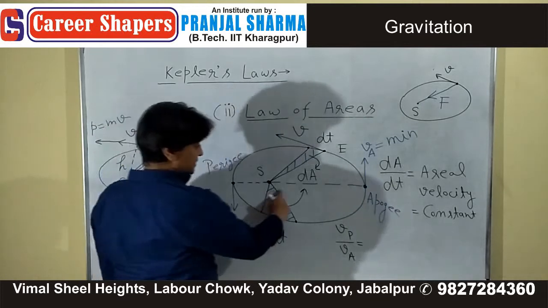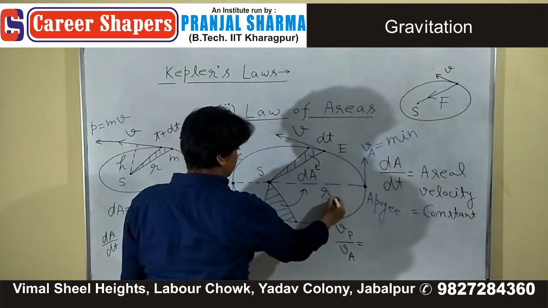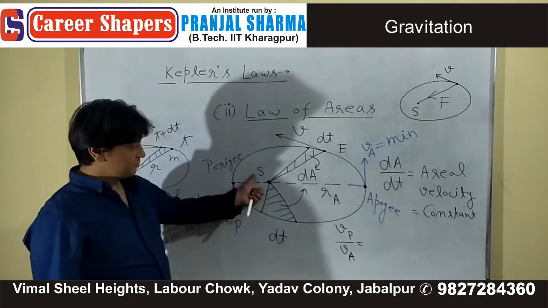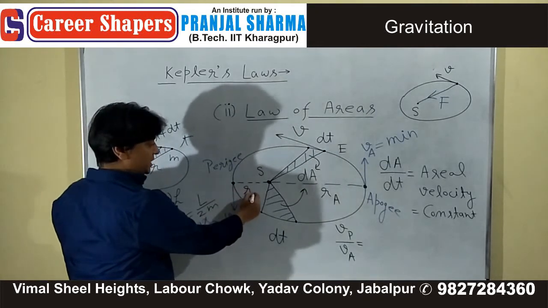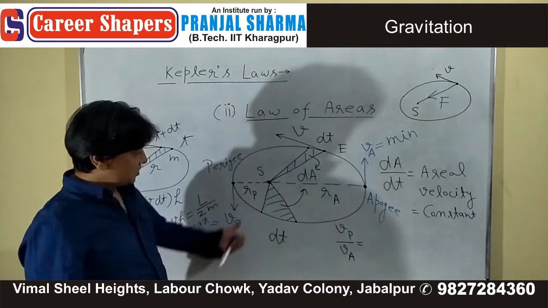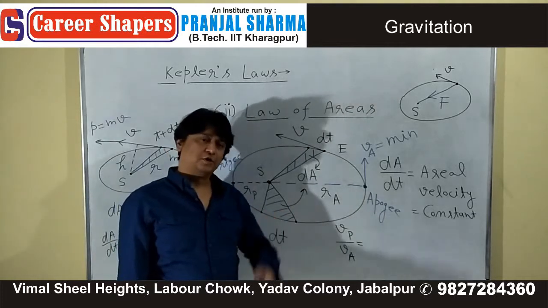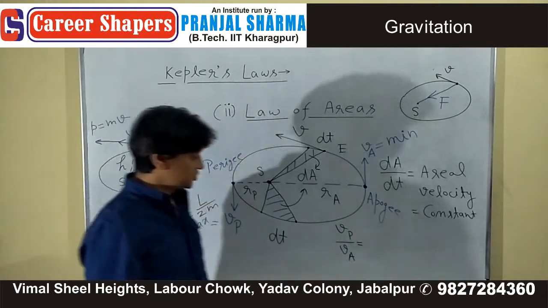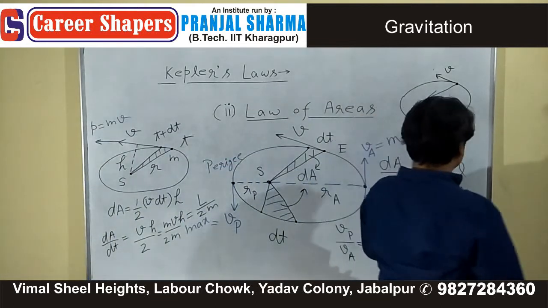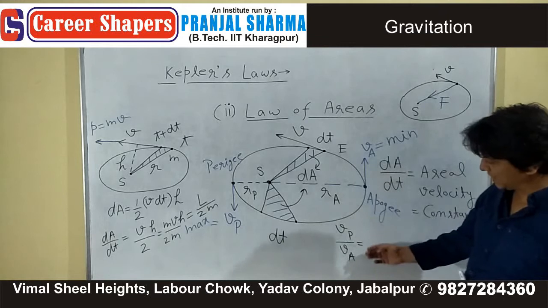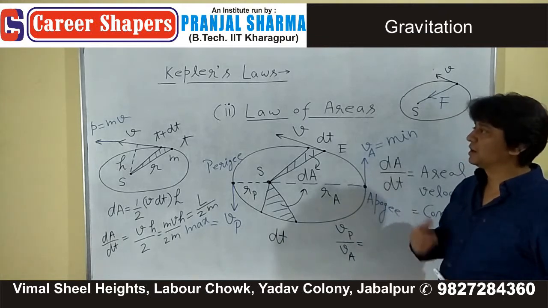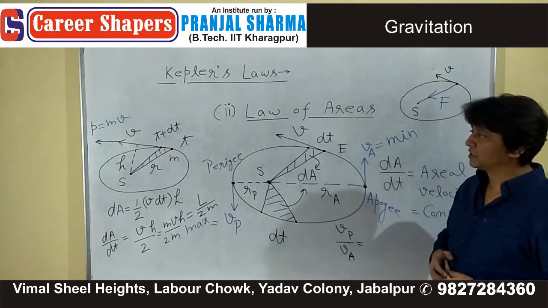Let's say the distance of apogee from the Sun is RA and the distance of perigee from the Sun is RP. Then in terms of RP and RA, you need to find VP and VA. Write down this much, pause the video, and then go for the ratio of VP and VA. If you cannot, come back and see the solution.